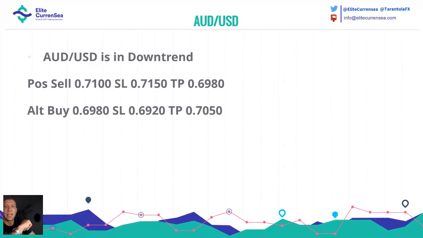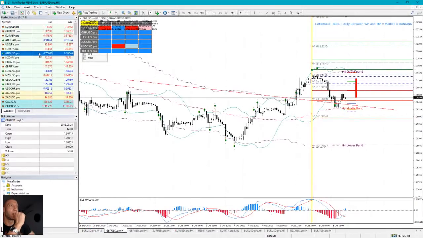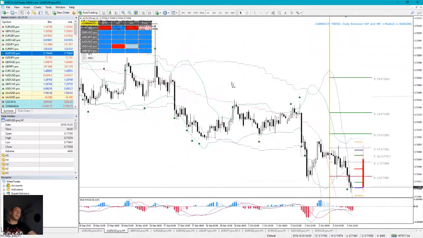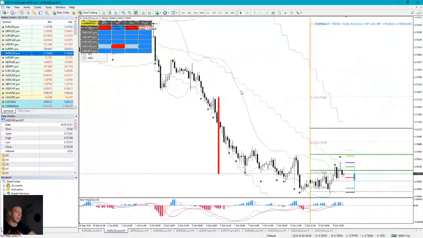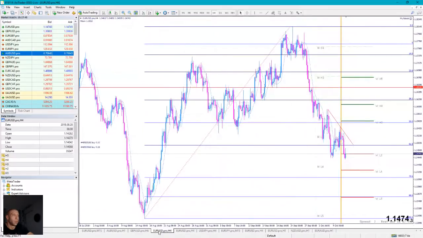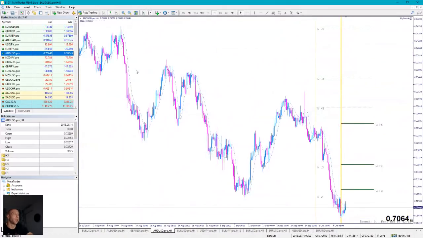And let's see the Australian dollar here. So guys, I really want to short this. Watch this. Big drop. And if the price gets a little bit higher here, weekly H3, guys, it hasn't been retested, I will short it. I would like some more retracement before I short it.